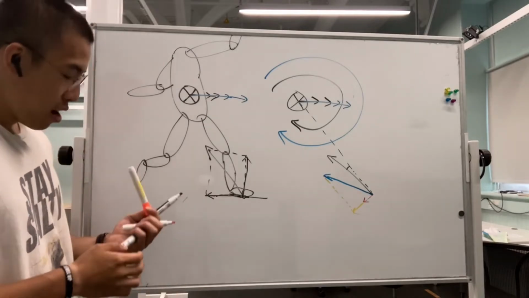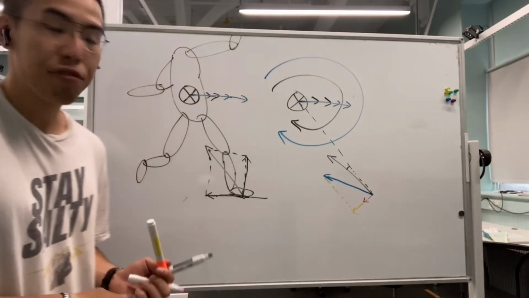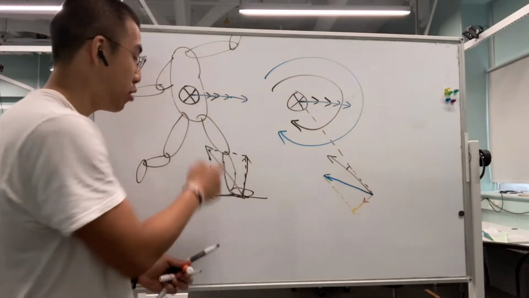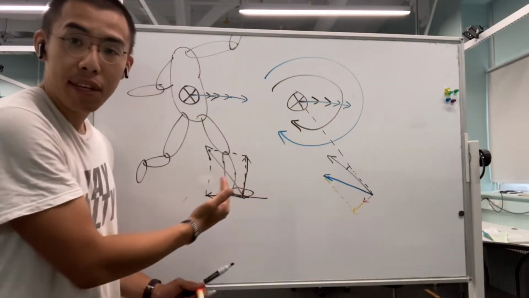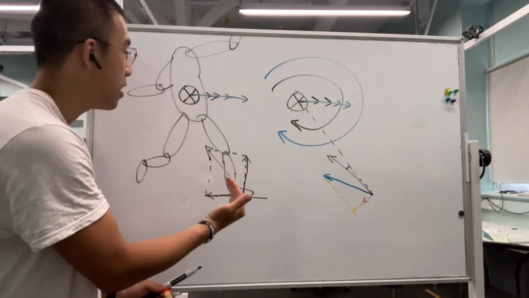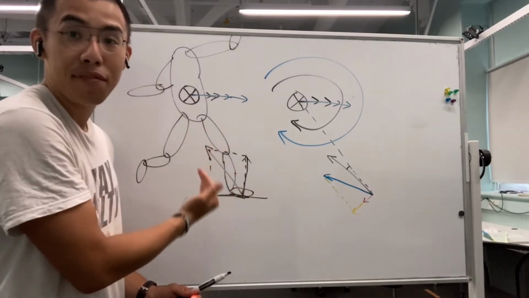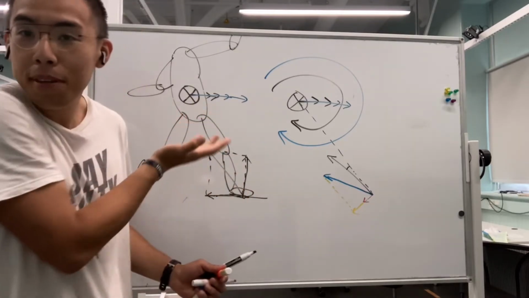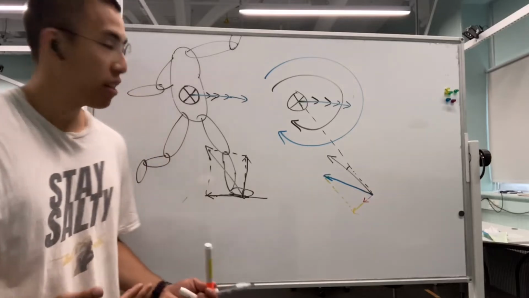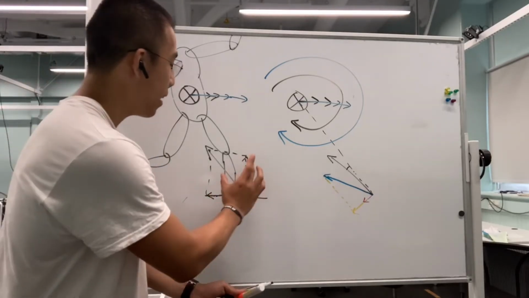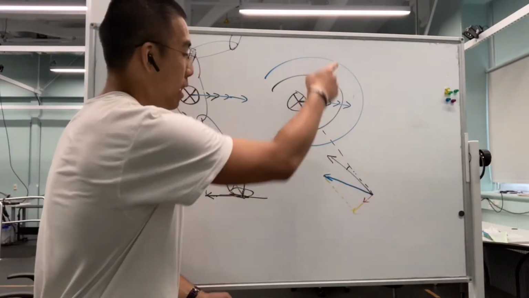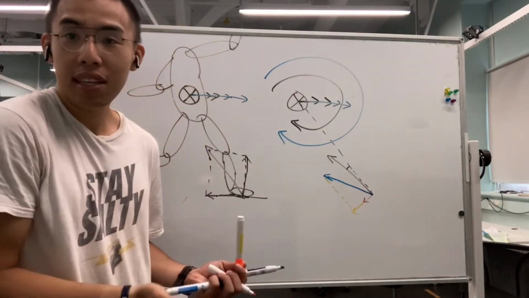So essentially, when you are running and jumping, you have to wrestle with both the linear objective of decelerating your center of mass forward travel and increasing your center of mass vertical velocity, so jumping up, and also maintain the rotational objective, which is to minimize this moment about the center of mass while staying in balance.